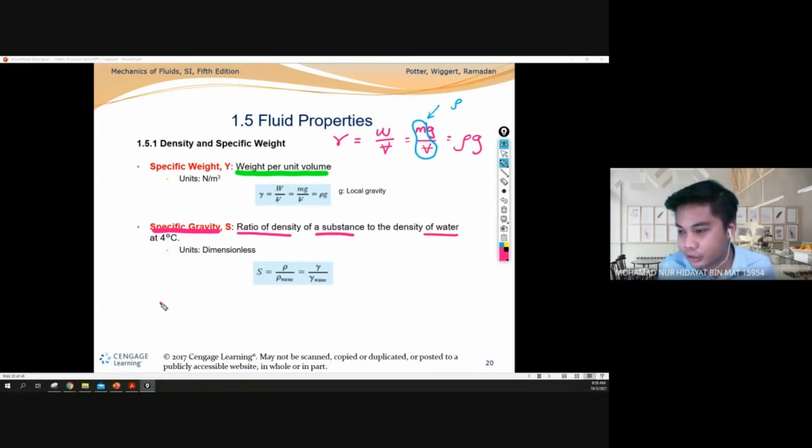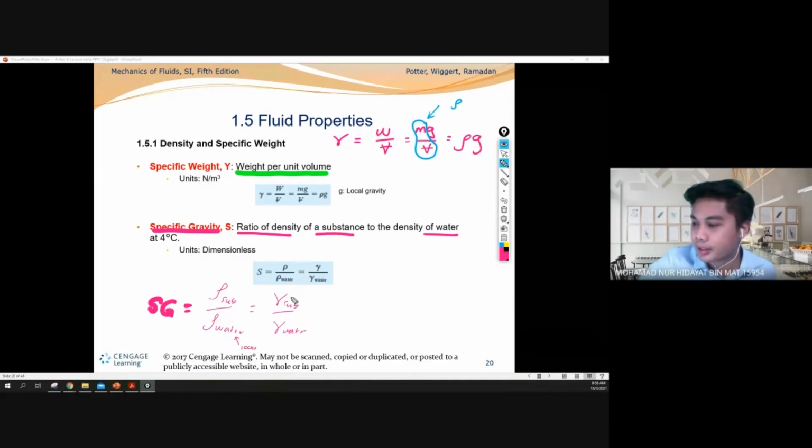The symbol normally is Gs, equal to the density of the substance divided by the density of the water, or the specific weight of the substance over the specific weight of the water. I believe you know the density of water at room temperature is 1000. This is standard.